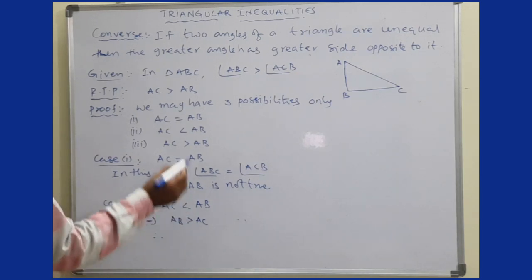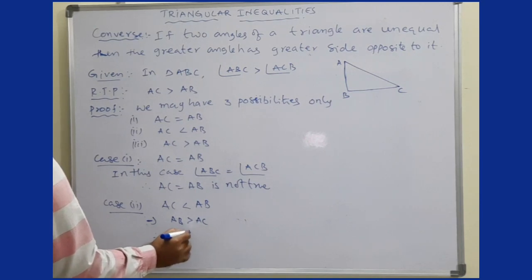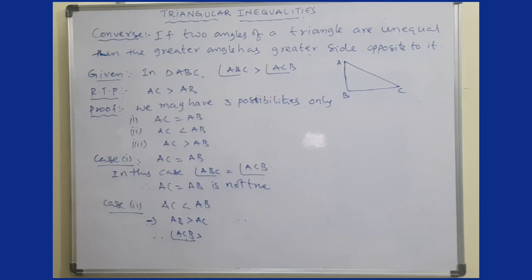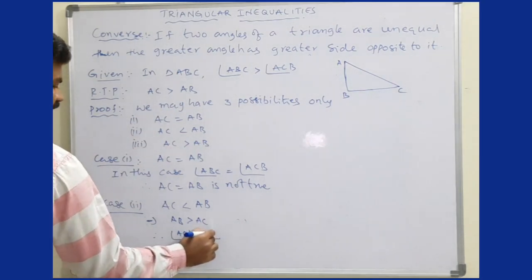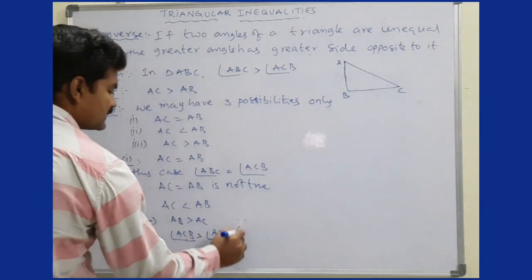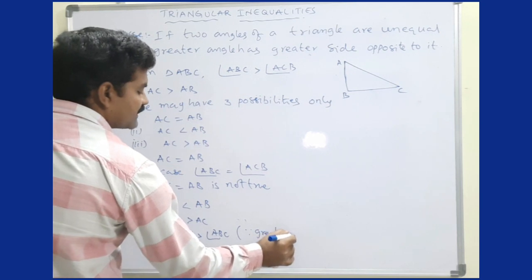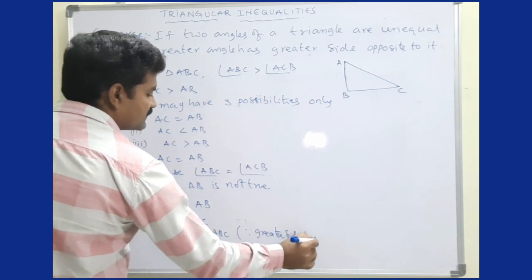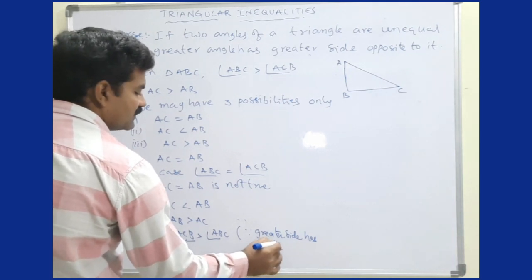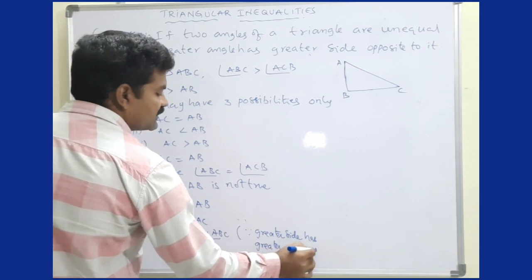So the angle opposite to AB, angle ACB, is greater than the angle opposite to AC, which is angle ABC. Just now we proved that greater side has greater angle opposite to it.